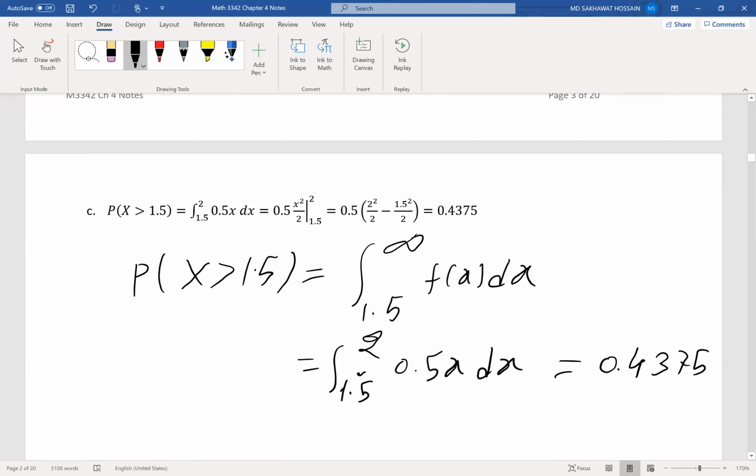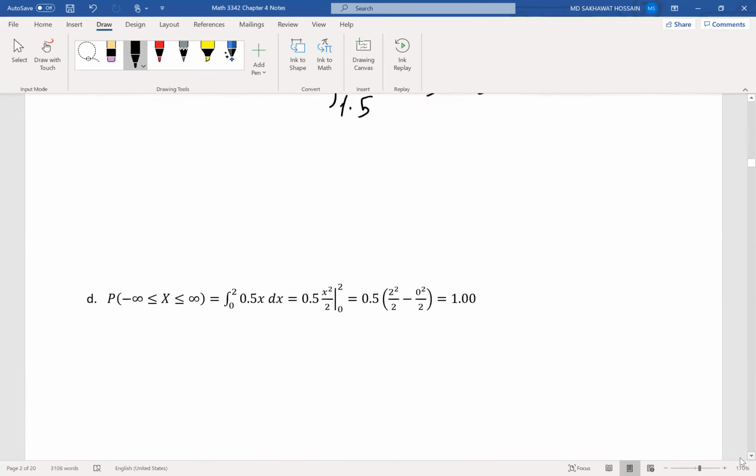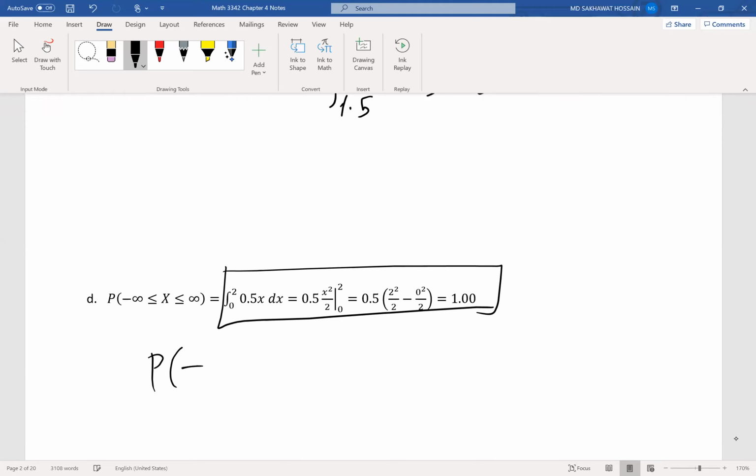Okay, so now you can see the probability from negative infinity to positive infinity. Even in this case, without any calculation, you can tell the result. What is the probability of this one?